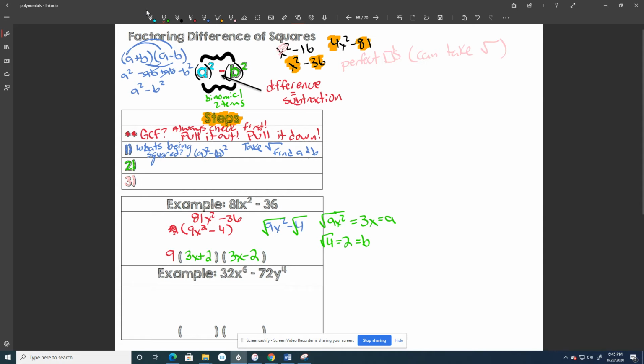All right, so after you find what the roots are, you're going to plug in A and B. And the formula, just so that you know what you're using here, don't forget it's A plus B times A minus B. So once you find A and B, you just plug them in. And then as always, you can check your work just by working backwards.